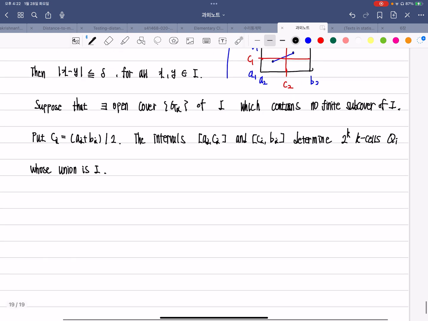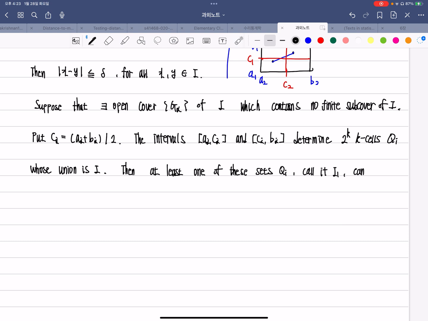Then at least one of these Q_i cannot be covered by any finite subcover of G alpha.